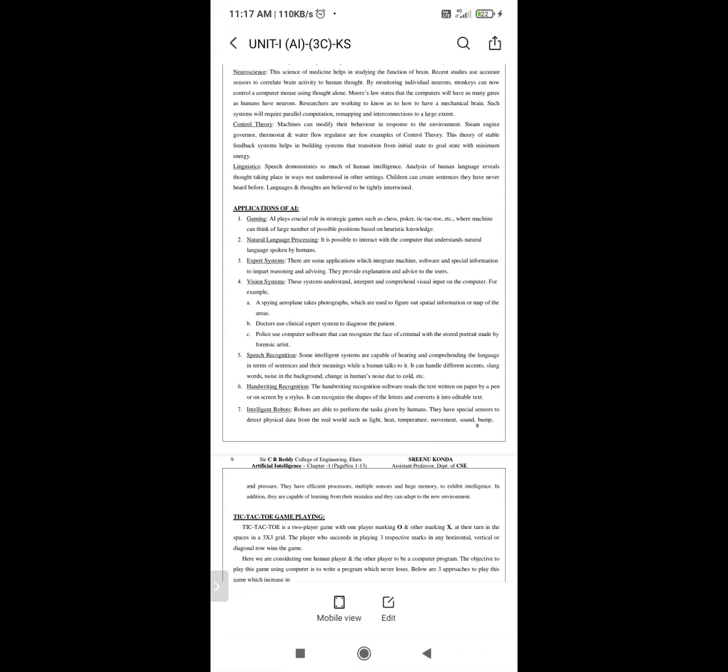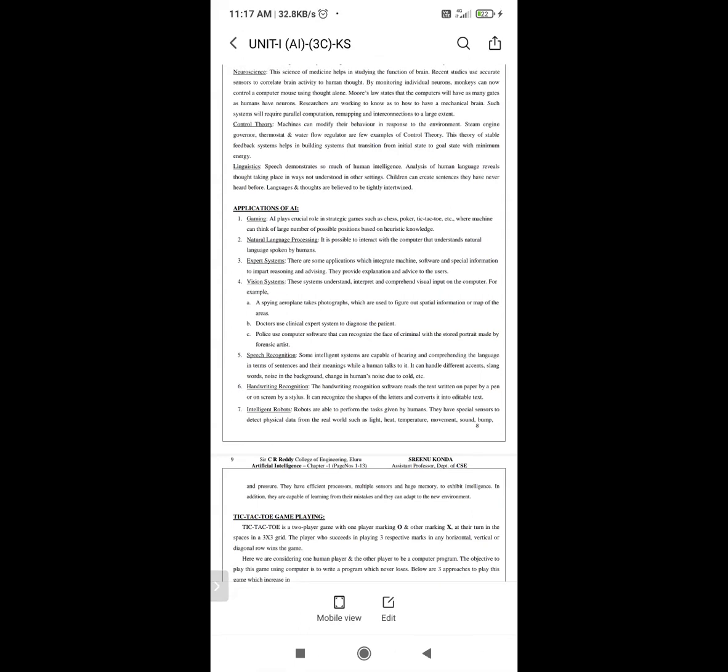Coming to the first one, that is gaming. Artificial intelligence plays a crucial role in strategic games such as chess, poker, and tic-tac-toe. These are some examples of gaming, right? In all these games, we use artificial intelligence.